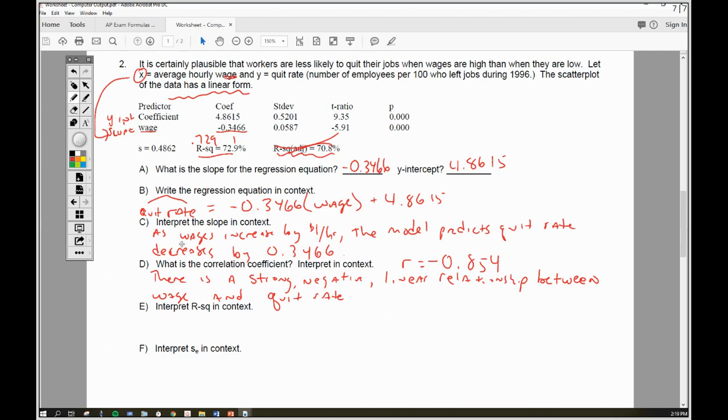R squared is our coefficient of determination, and we leave that as a percentage. So R squared equals 72.9%. And this is that variation sentence. So go back and you look at your cheat sheet or something, and we're looking for the percent of the variation in Y that can be explained by the linear model, blah, blah, blah. So here it is, 72.9% of the variation in Y. Y is our quit rate.